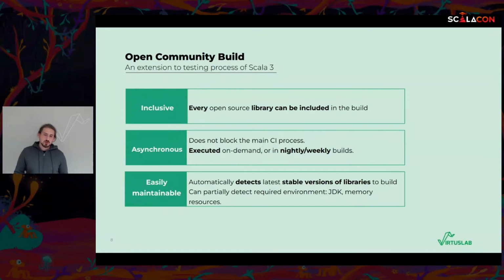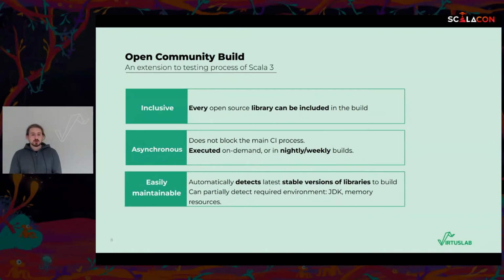So we wanted to execute this Open Community Build either on demand, for example if we introduce some quite dangerous change that might break something and we want to test it, or in nightly or weekly builds that would run automatically, and we can just check whether something broke this week or not.